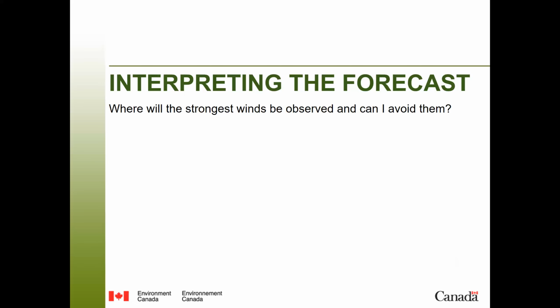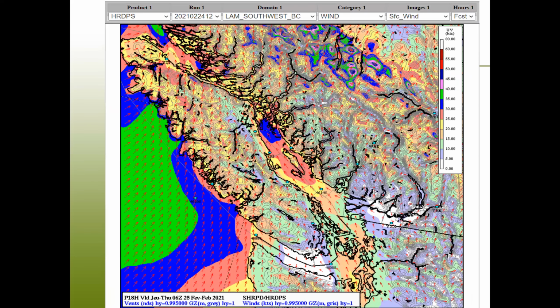But here's an image of, and I'm just going to point out the blue that's in the northern part of Georgia. So we've got Vancouver and Victoria highlighted there, but up north of Texada, we've got this blue. And the blue, if you go to the right-hand side of the chart, is color-coded with respect to the different speeds in knots, and you've got 30, maybe as high as 35.